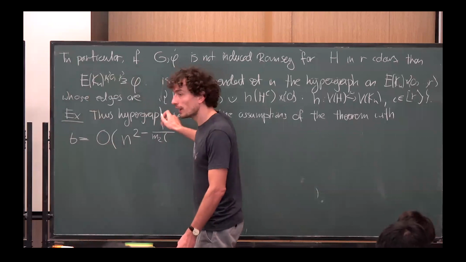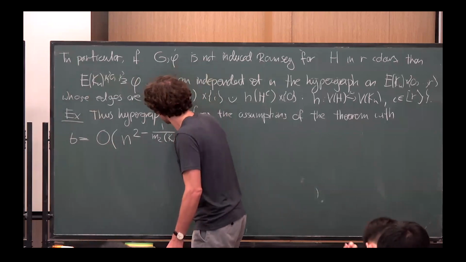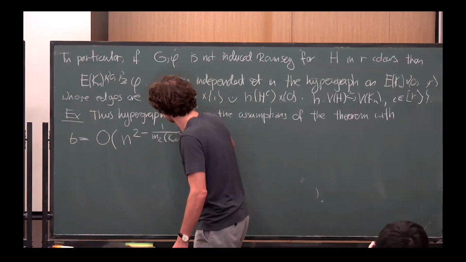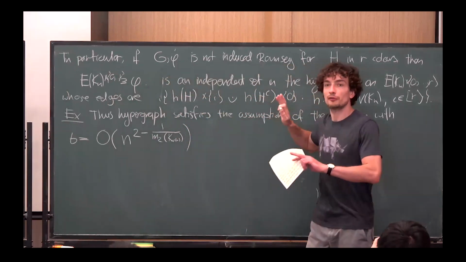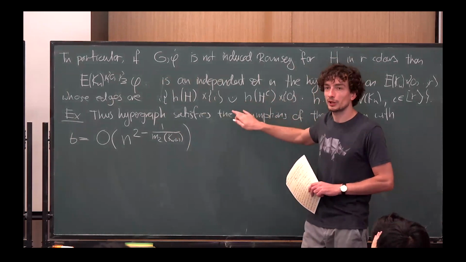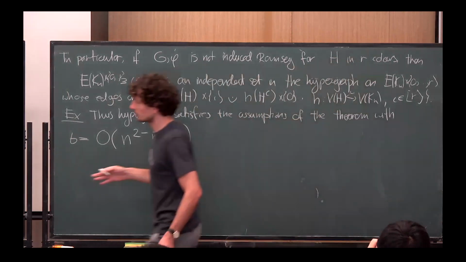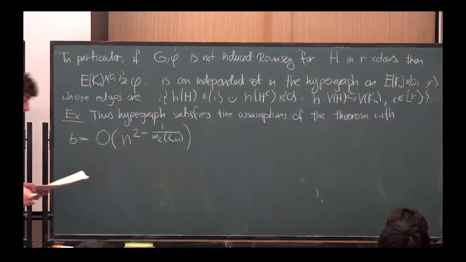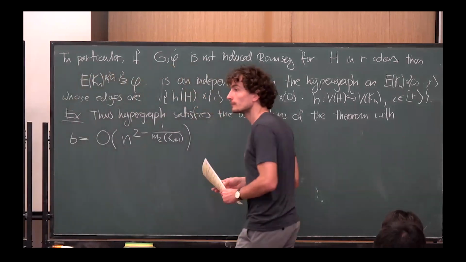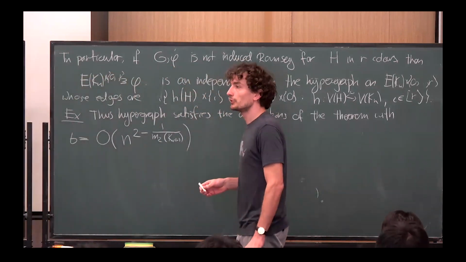Not of the graph H, but of the complete graph on V(H) vertices, because in fact, these things are copies of the complete graph on V(H) vertices, not copies of H. They're just two-colored. And the implicit constant depends on R.